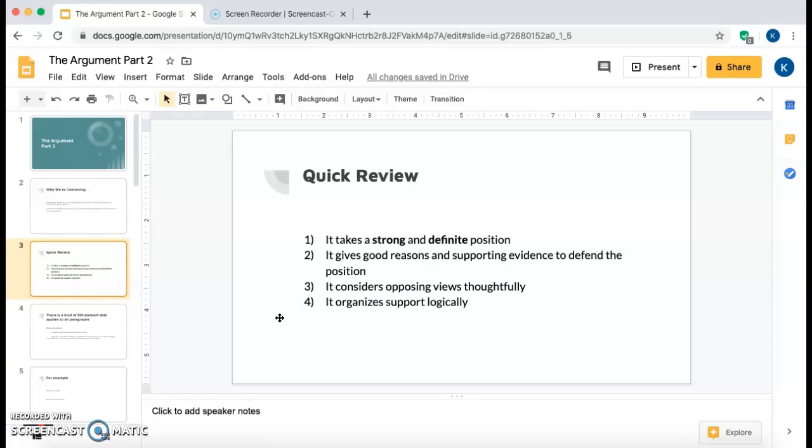And the reason why I say that is because, quite frankly, as papers go on and on and on, when teachers have a whole bunch to read, the first impression they get is going to stick with them more than the last impression. You might end on a really good note, and you absolutely should, but your first impression is going to set the tone for the rest of the paper.